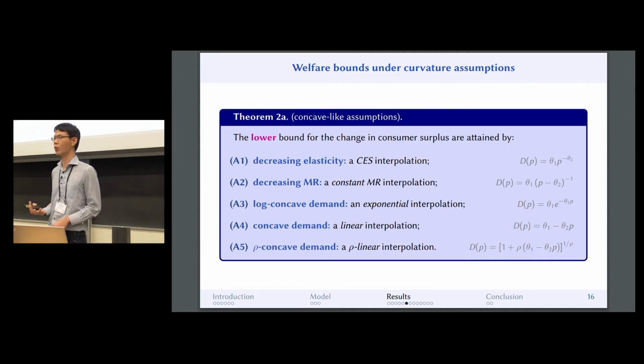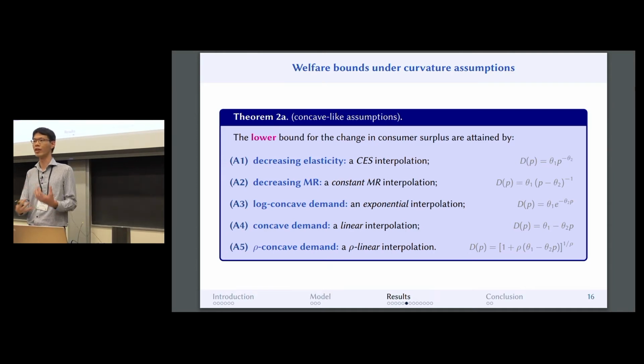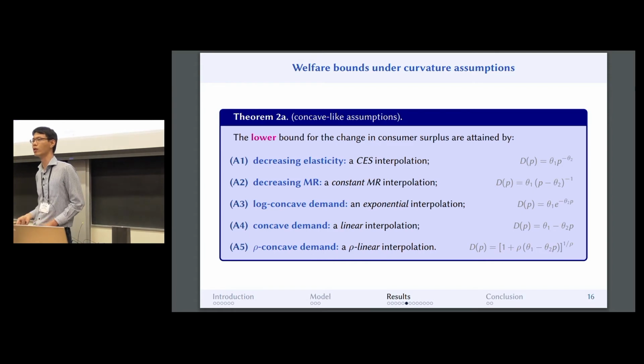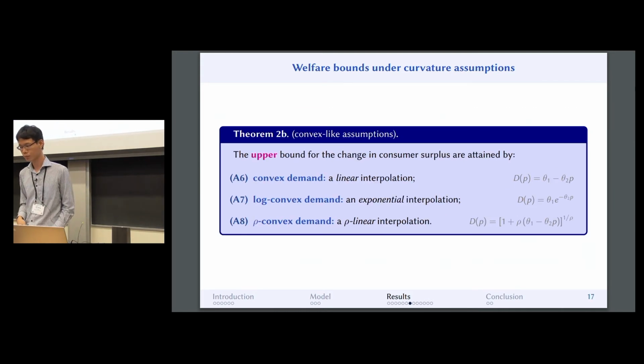The one thing I would like to point out from this slide and the next is that many of these interpolations are commonly used functional forms. And so there's a very real sense in which, when the literature says, let's just assume that the demand curve is linear, or let's linearly interpolate between these two points, we're actually achieving the highest possible welfare estimate or lowest possible welfare estimate within a family of demand curves.